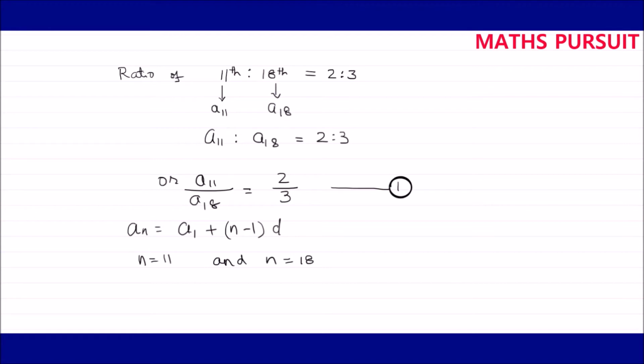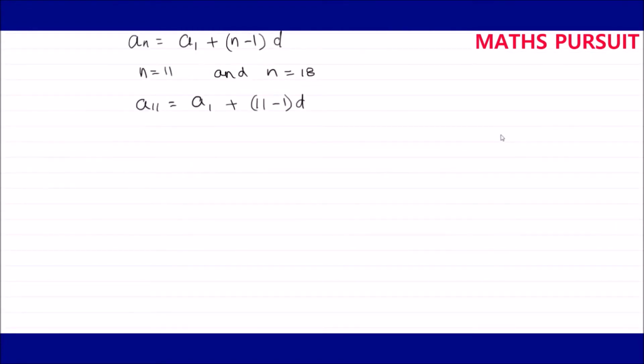Now replacing the value of n with 11, I can write A11 is equal to A1 plus (11 minus 1) into d, so A11 is equal to A1 plus 10d.